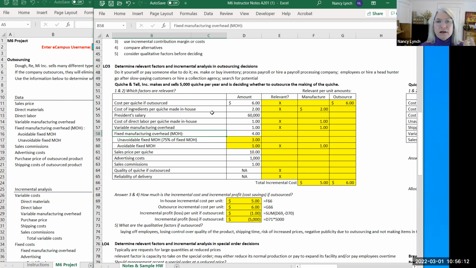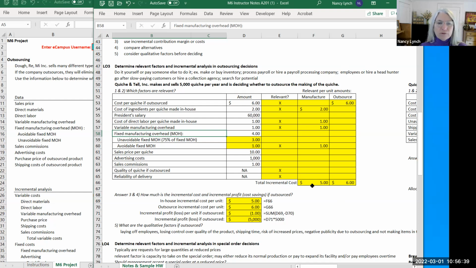Now, let's go through how you deal with it in the project. Unavoidable fixed costs are never relevant. Avoidable means if you don't manufacture and outsource, those costs will go away. They'll change as a result of the decision. So you have an example here.